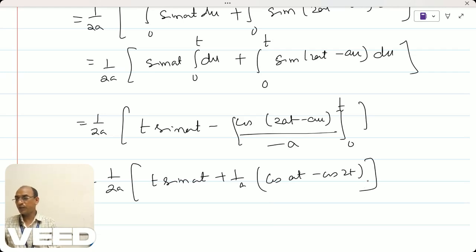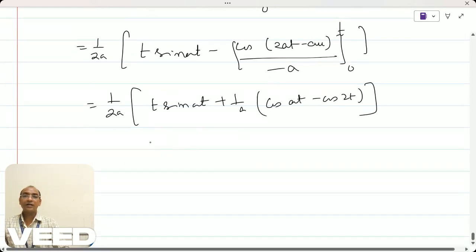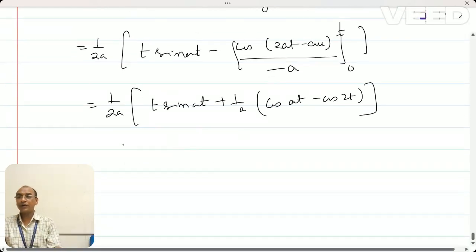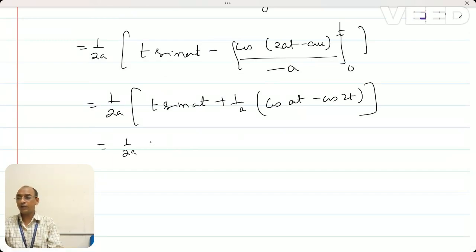If we simplify it, finally we get the simple form equal to 1 by 2a into t into sin at.